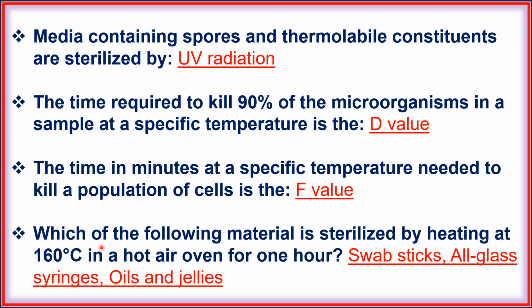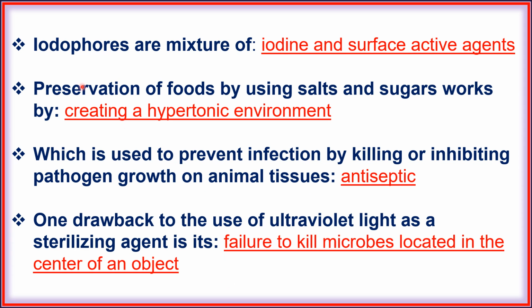Next, which of the following materials is sterilized by heating at 160 degrees centigrade in a hot air oven for 1 hour? Those are swab sticks, all glass syringes, oil and jellies. Next, iodophores are a mixture of iodine and surface active agents.